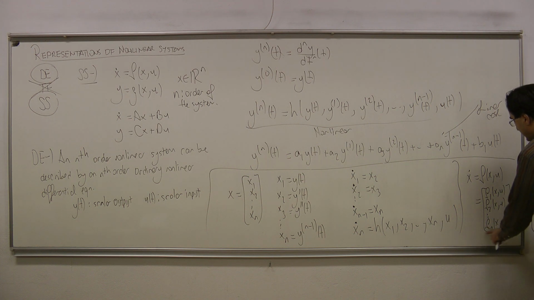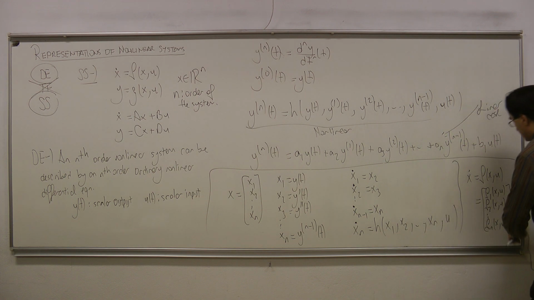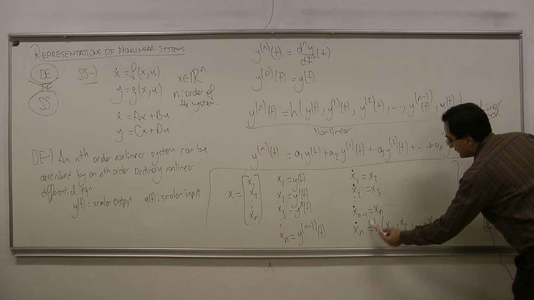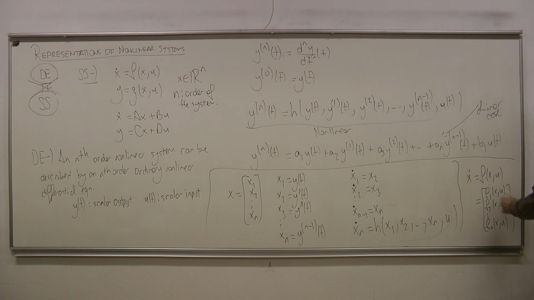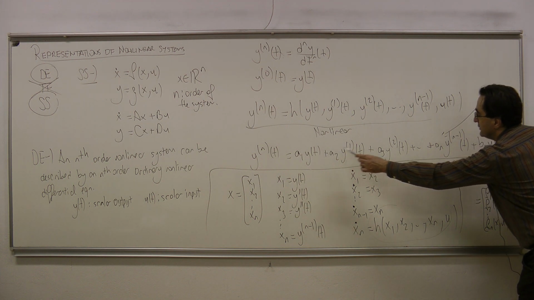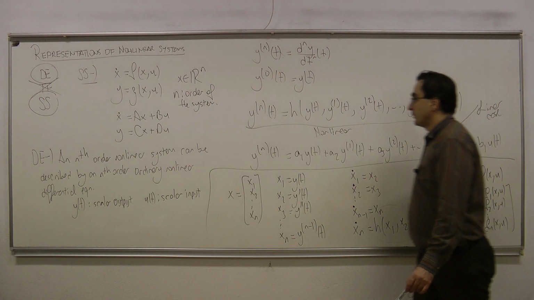Only fn is dependent on all of the state variables and u for this system. The other functions in f are linear functions of x and u, but this last function brings the nonlinearity to us. If this function was also linear, like a linear differential equation, then I would have Ax plus Bu here, and I could find the A matrix and B vector.